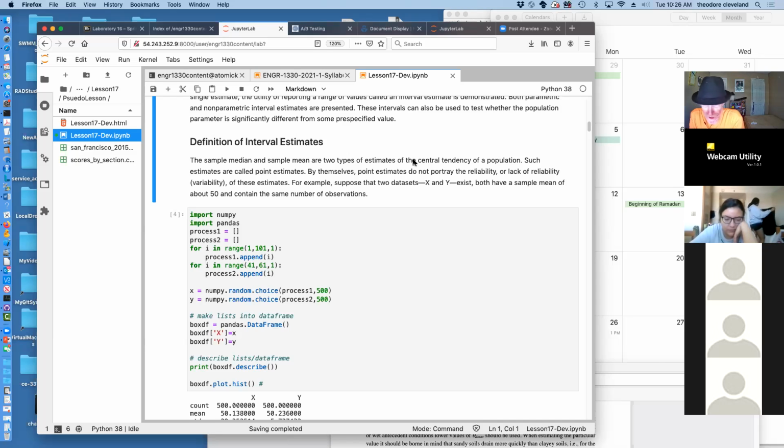Good enough. So the middle, the 50th percentile, it's the number at which half the observations in the sample lie above that number and half lie below that number.